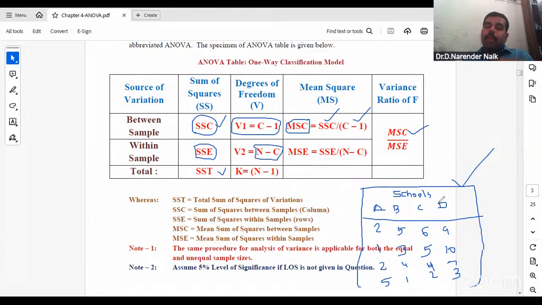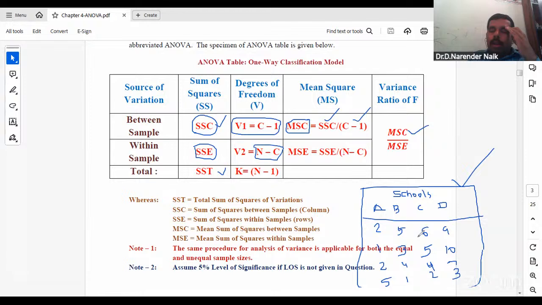Now, the level of significance. In the given question, either 5% LOS or 1% LOS is given, or sometimes LOS is not given.